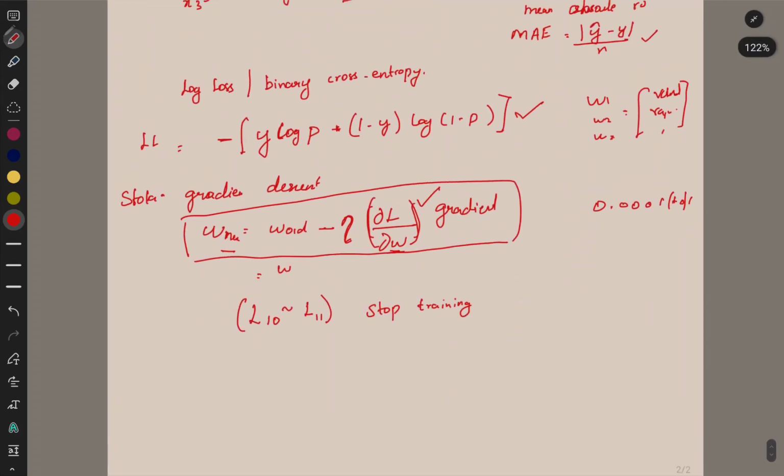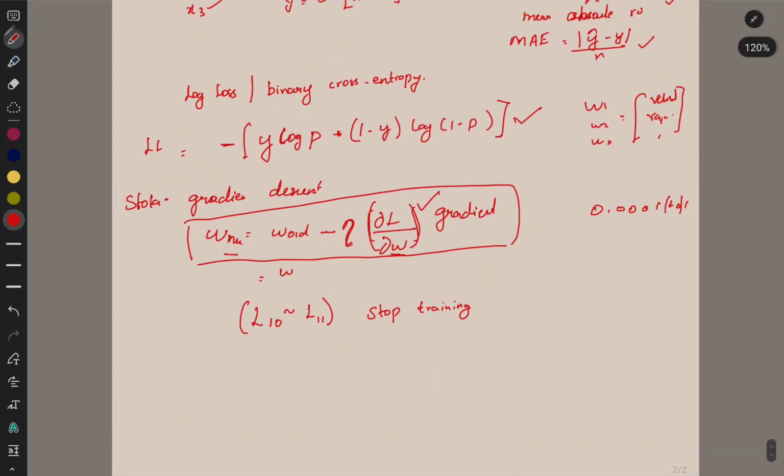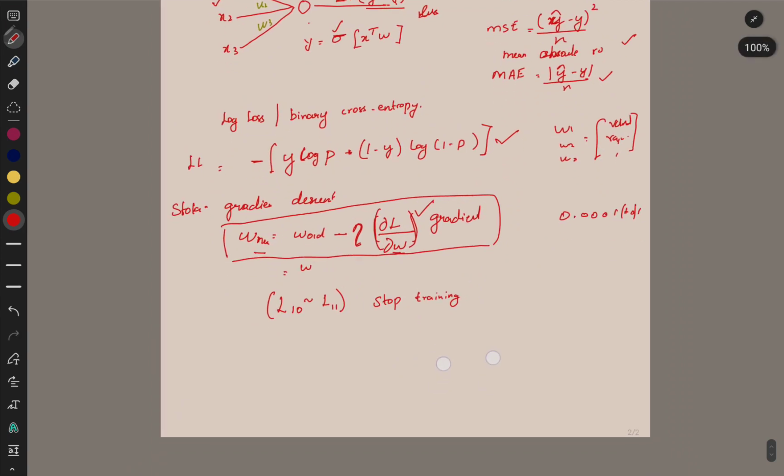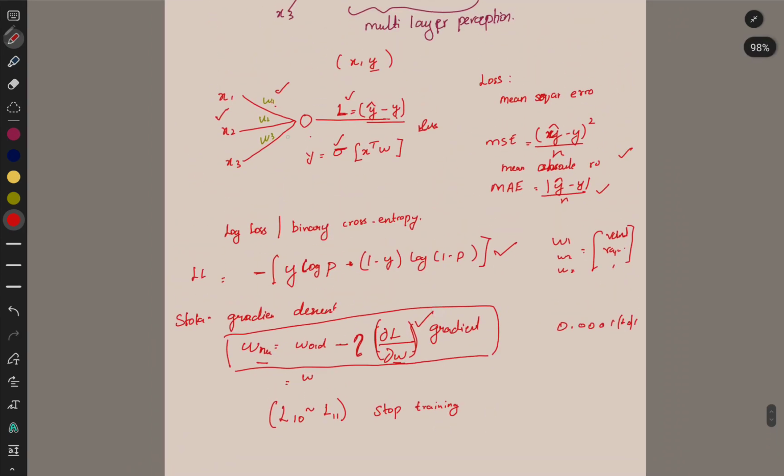Now let's see what activation functions are. Before going into that, let me summarize once more. We have the input data x1, x2, x3, and we have weights w1, w2, w3, and we take the transpose and do matrix multiplication, and after that we get a single value.